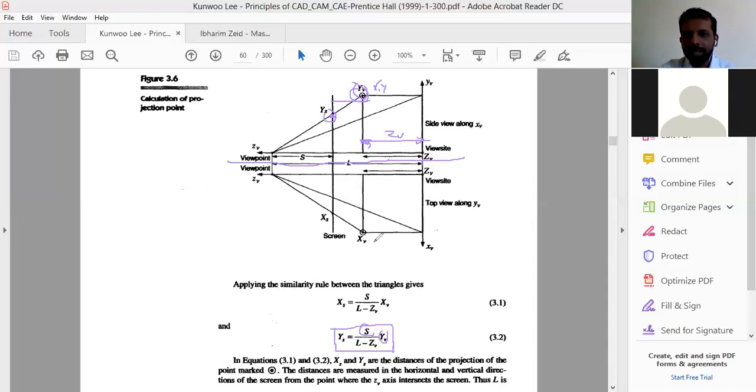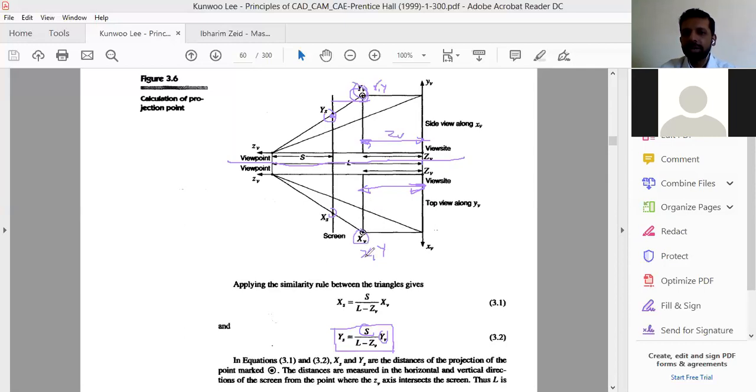So similarly, this is what happens for every point on the object that has been created. If we take up the top view also, it is the same case. So the xs value, if we have to find out, is going to be the s value, that is the distance from the viewpoint to the screen, divided by the overall length minus whatever is the length of this object in top view. Thereby it will give me the x and y value for this xv.